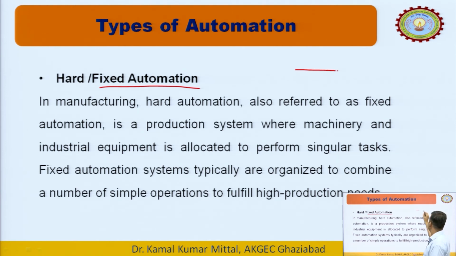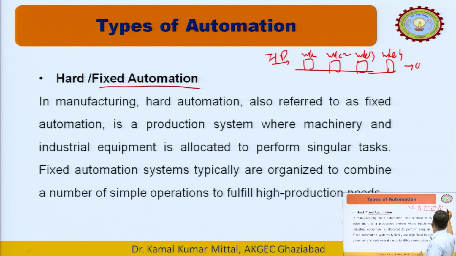सपोज देयर आर मशीन्स, मशीन 1, मशीन 2, machine 3, then machine 4. So input material and output material. So these machines are integrated. We are not using a computer and a product is completed.